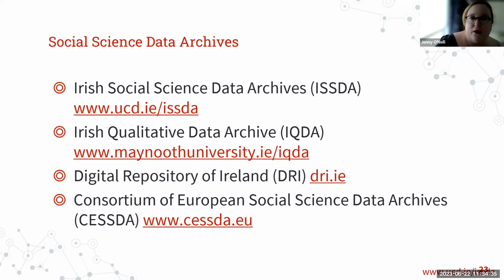And then if you are looking for data or you have data at a European level, the Consortium of European Social Science Data Archives is where I would suggest you start looking to see what archives are available within your specific country or jurisdiction. So all of these archives are restricted access archives.